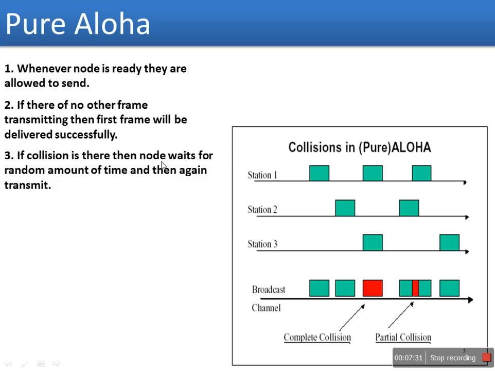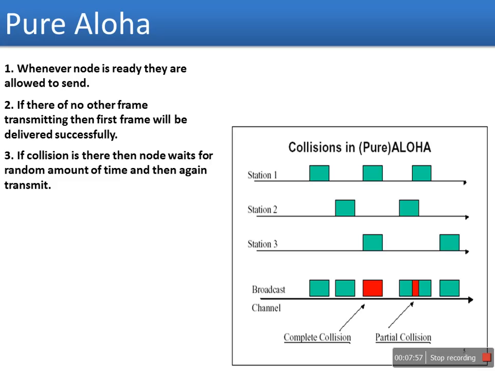If a collision occurs, the node waits for a random amount of time, then transmits again. Now you might be thinking why a node has to wait for a random amount of time. So let's consider this scenario. Node A and node B want to transmit at the same time, and they start transmitting their data, and they find out that there is a collision at the same time.